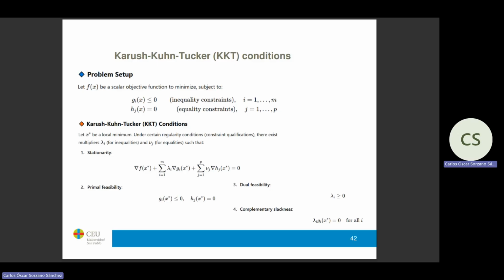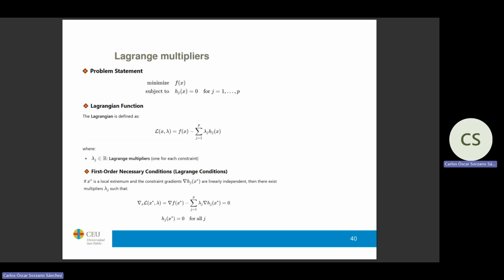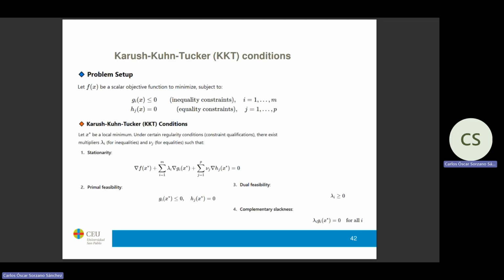So we have extended the Lagrangian, but then there are more conditions. The second set of conditions comes from the constraints.